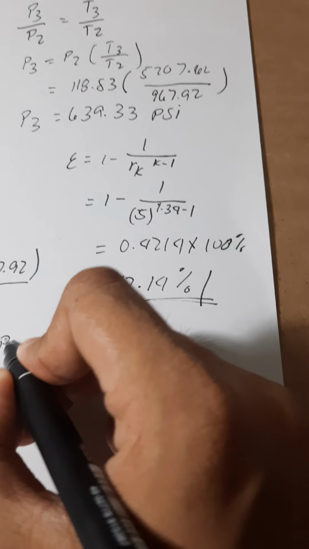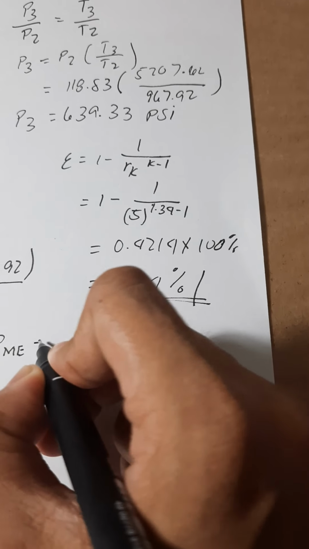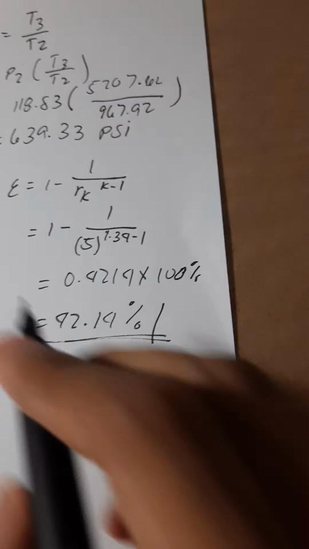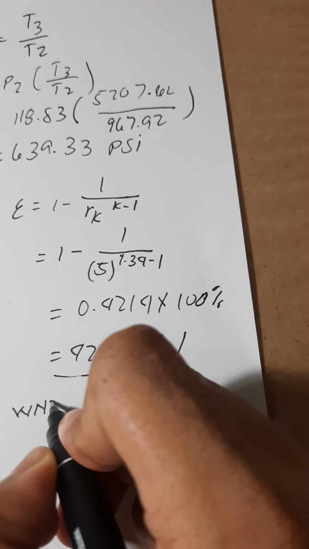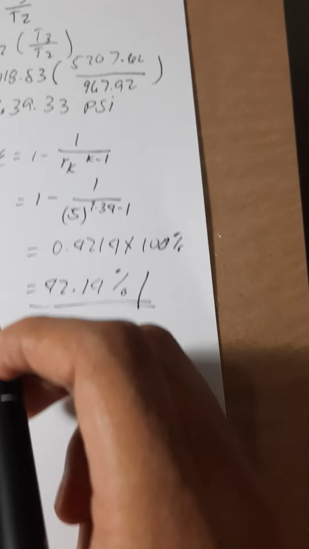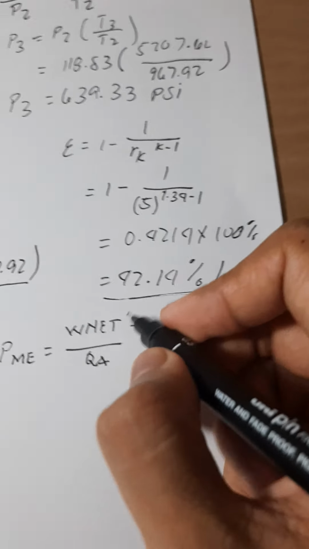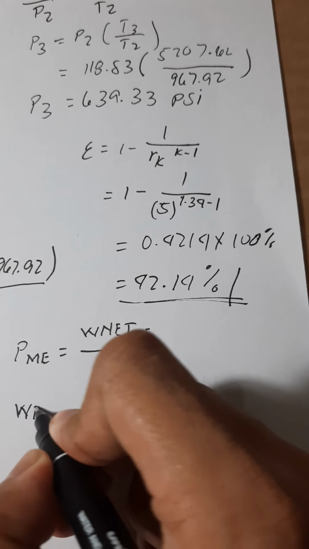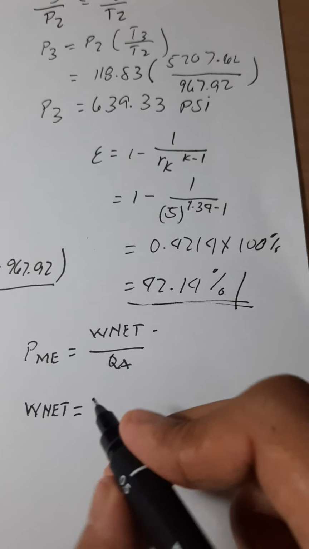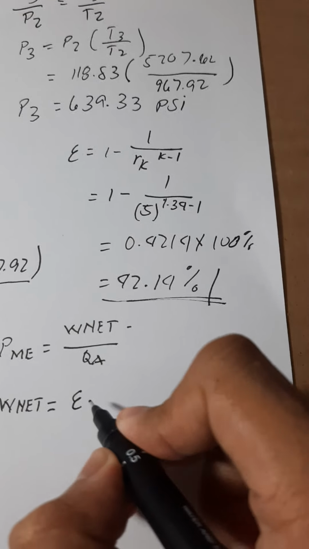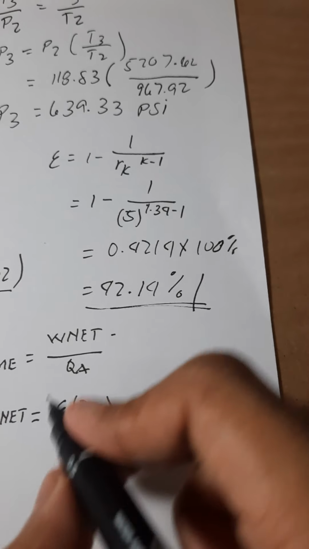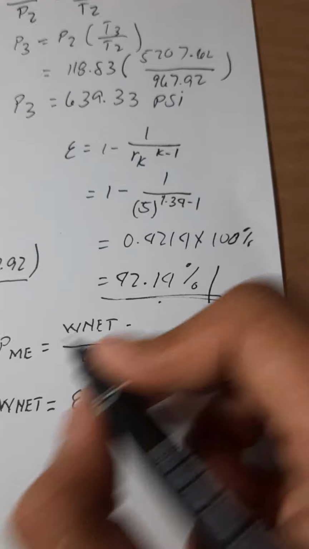So for the next unknown, we have the mean effective pressure. How do we get the mean effective pressure? So mean effective pressure is actually the work net over the Q addition. We don't have this, but we will find work net, which is actually equal to the efficiency times the heat added. We have the efficiency, which is this 42.14.